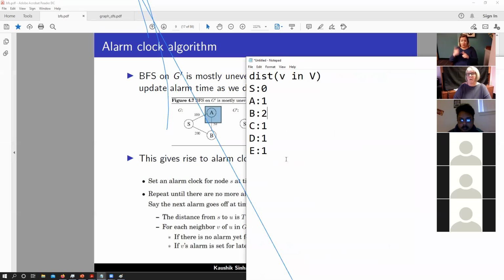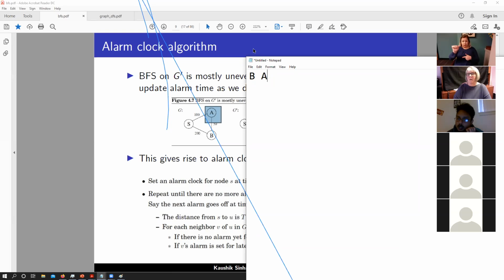So in that particular order, we would now explore all the children of B and then follow on to A because we are doing BFS.